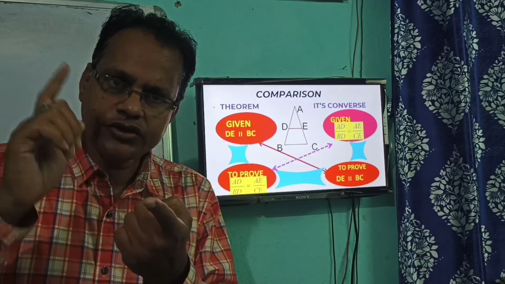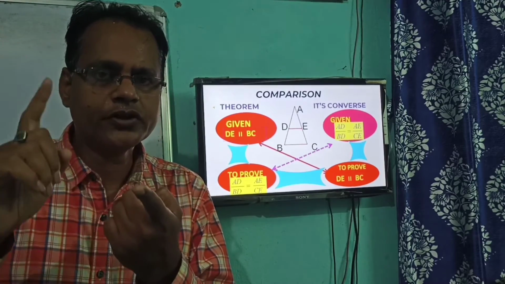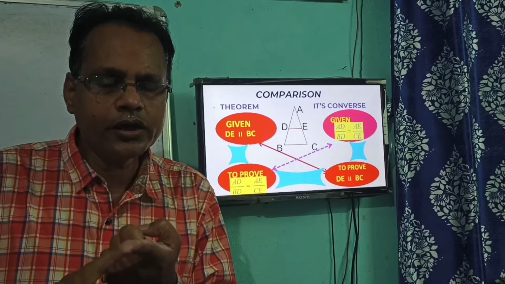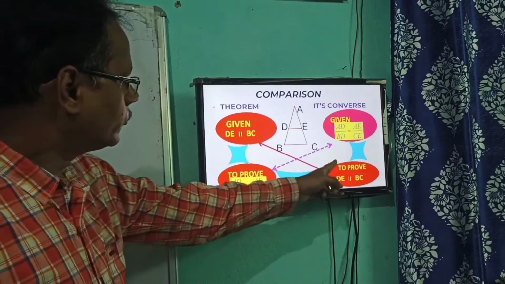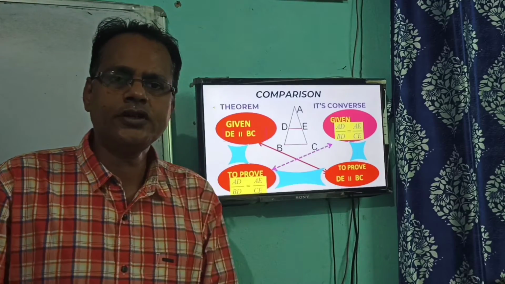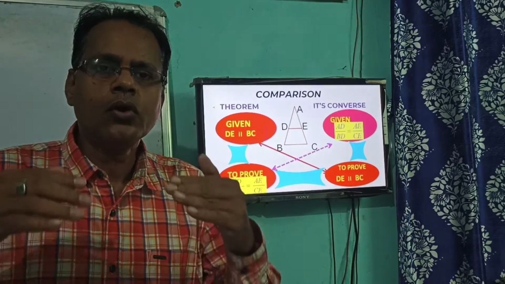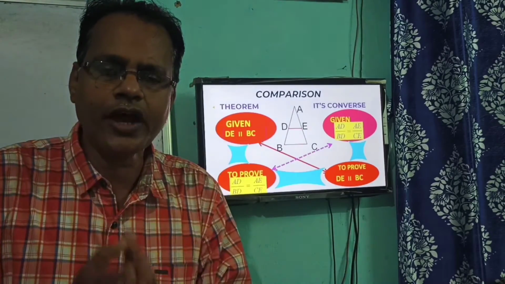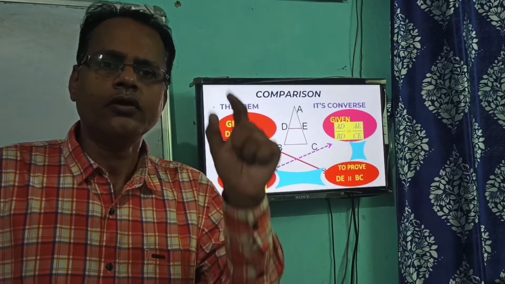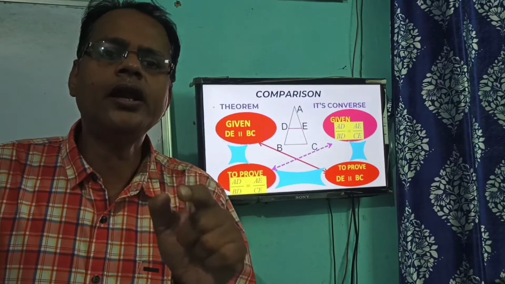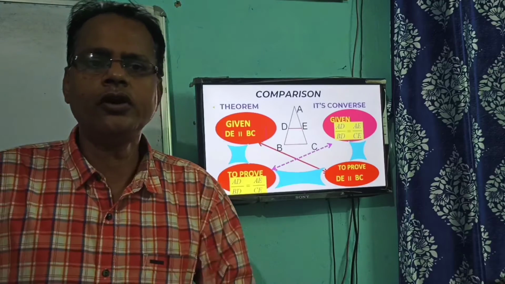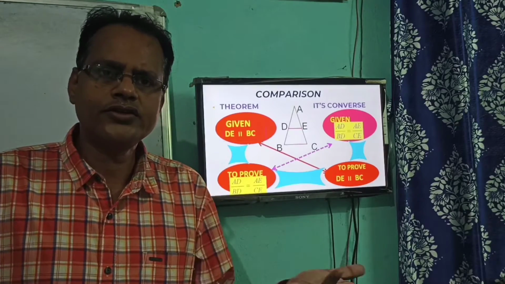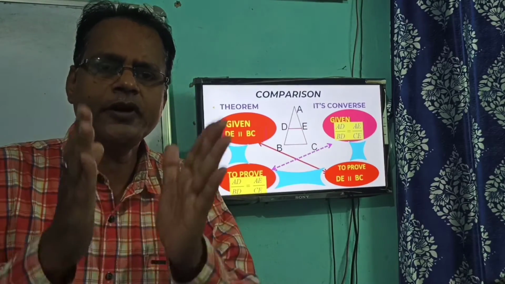A line divides two sides of a triangle in equal ratio. To prove DE parallel to BC, who makes this ratio the same? DE makes the ratio the same. Therefore, you prove that the line is parallel to the third side of the triangle.